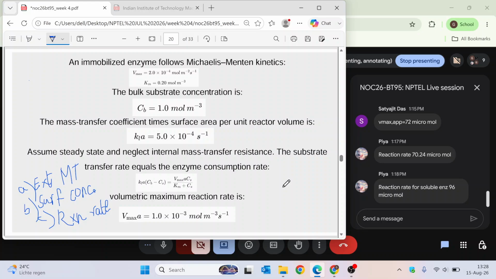So talking about enzyme immobilization, you just have concepts and you derive the enzyme kinetics accordingly, and you just have equations and formulas to solve. So that is what we'll be doing today. So if you have any doubts in between, you can just let me know.